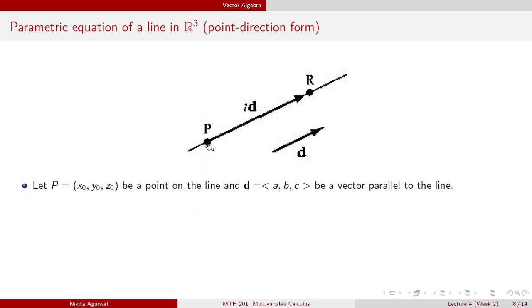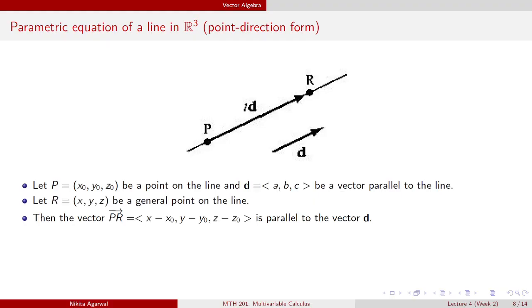This will be a point on the line, and let the direction be a, b, c. So these are the components of this direction D, which is any vector parallel to the line. And suppose R is a general point on the line whose coordinates are x, y, z.